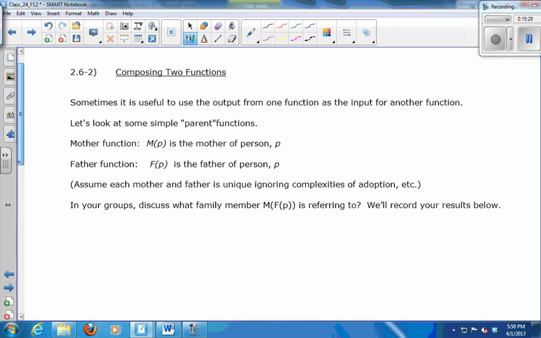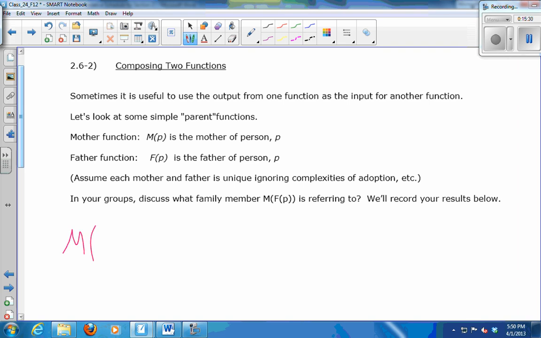All right, so what do you think it means, m of f of p? What do you think that means? It is, Megan. Good.